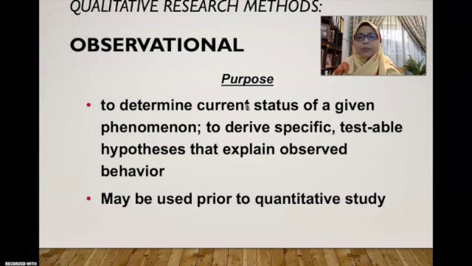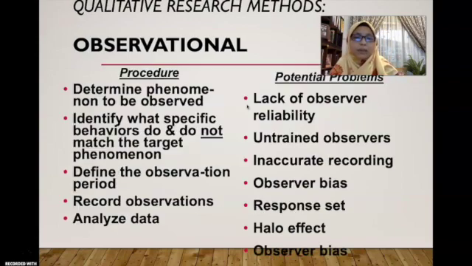It may be used prior to a quantitative study. So after you have done a quantitative study using a survey or experimental research design, next you will triangulate it with a qualitative research method using observational research method.